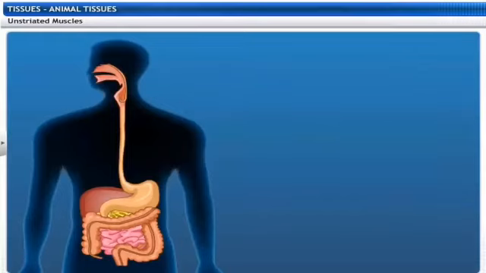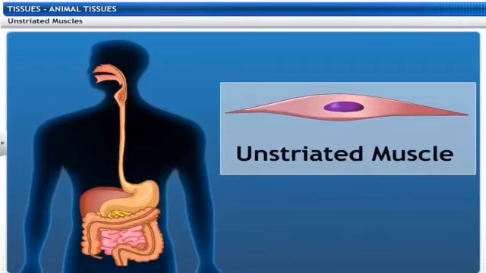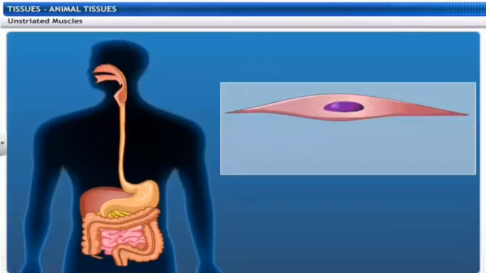The next is the unstriated muscles. From the name itself, unstriated, there are no striations. So no dark or light bands will be observed. In the structure we can see that they are spindle shaped, that is broad in the center and tapering towards the edges, and having a single nucleus also.